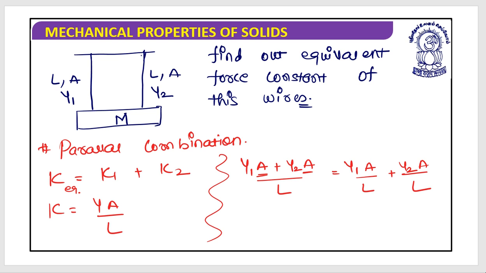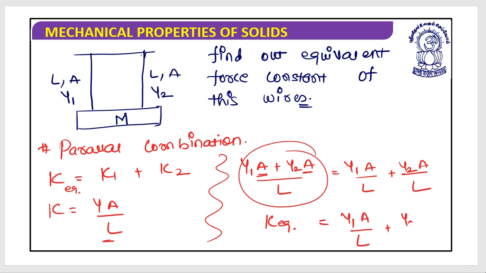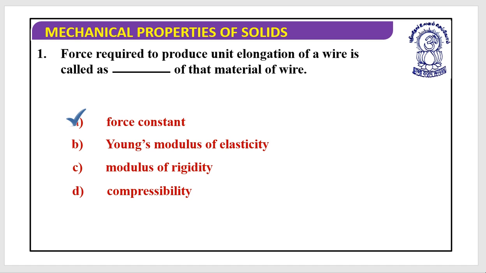This K equivalent can be calculated as Y1 into A divided by L plus Y2 into A divided by L. This can be used very effectively and is very helpful for calculating certain applications in numericals. Great. Now let's look at certain quick questions.